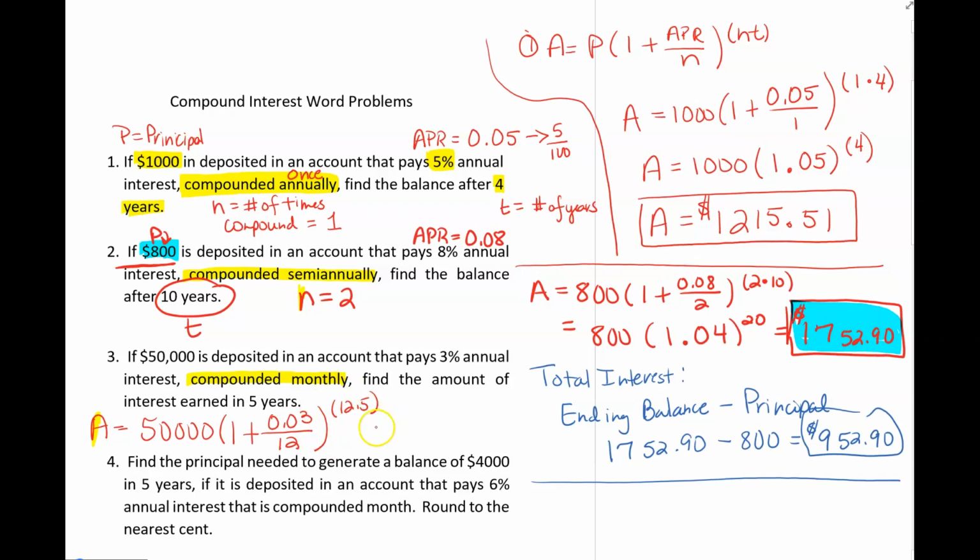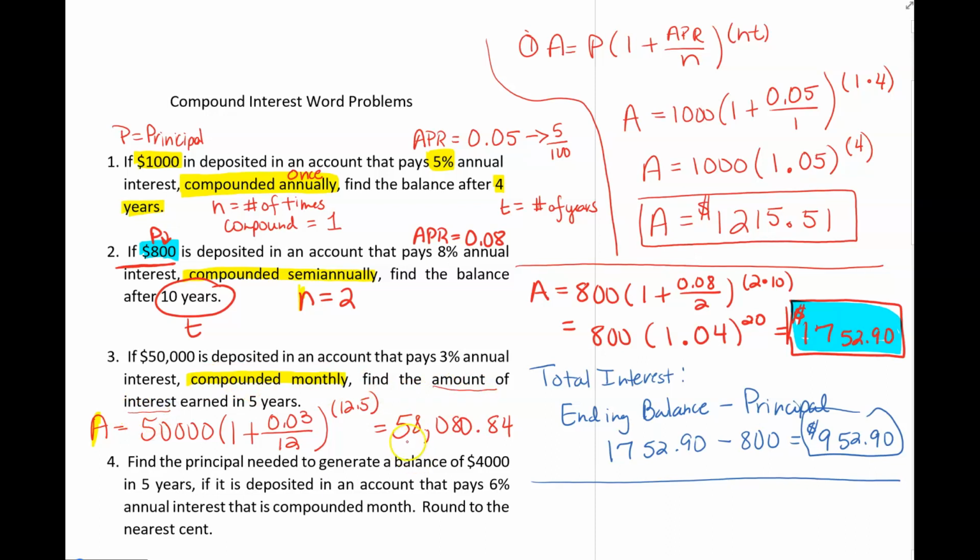And if you do that in your calculator, you should get $58,080.84. And then the amount of interest, because number 3 is actually asking for the amount of interest, so that's going to be the 58,000 minus the 50,000.